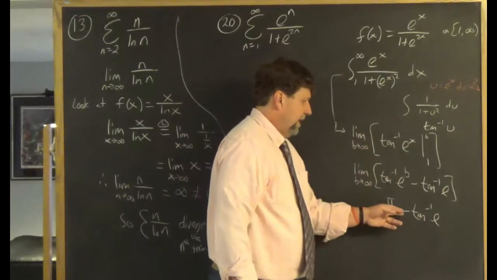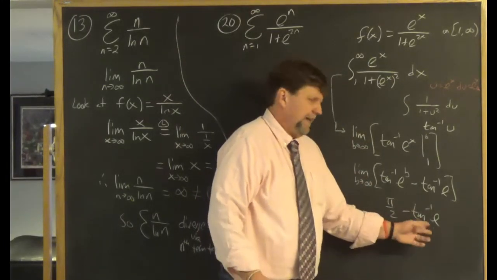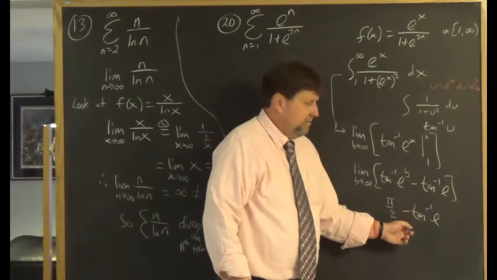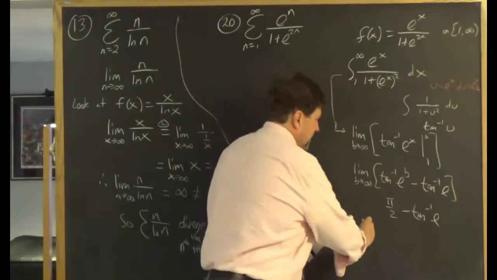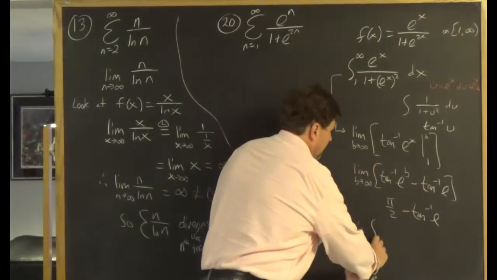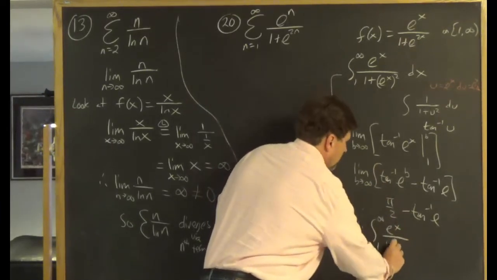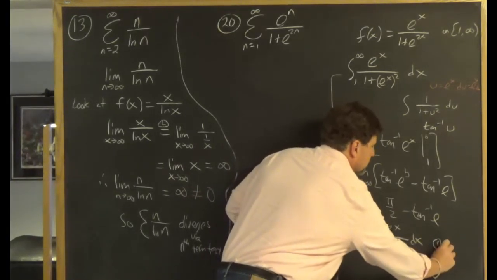So this limit is pi over 2 minus inverse tangent of e. Again, I don't know what inverse tangent of e is. It's just some number. But the limit exists. So that told us that our improper integral converges.